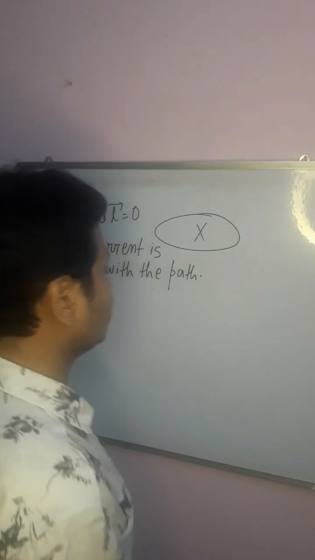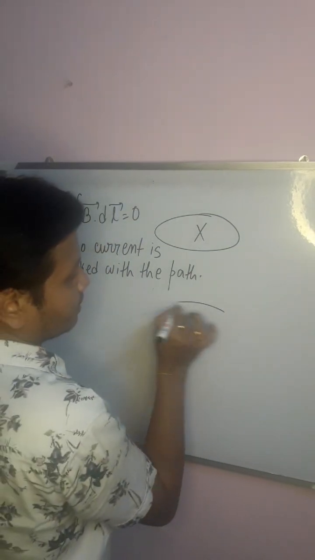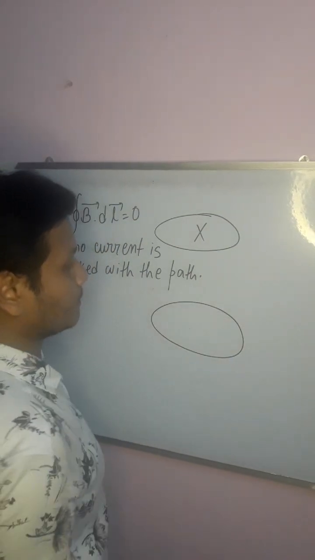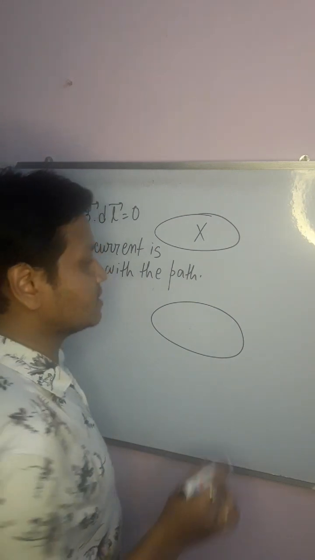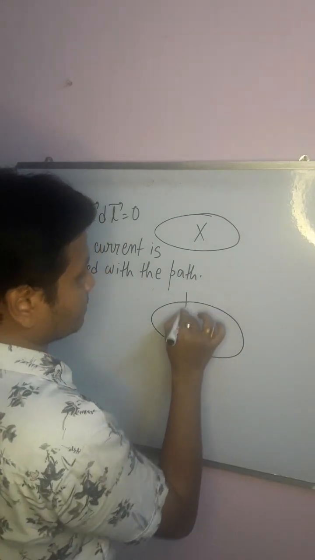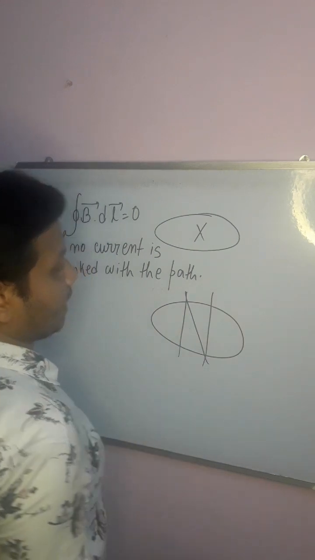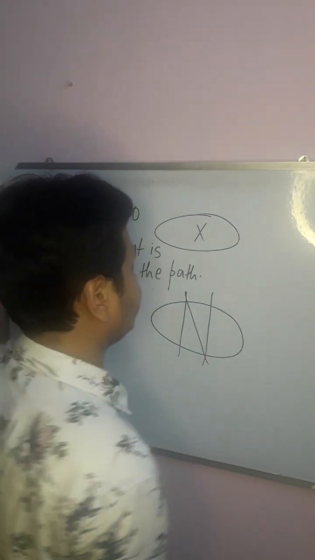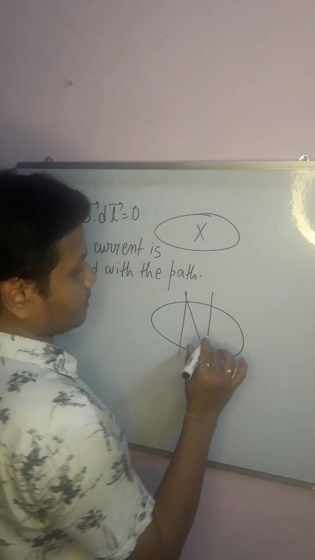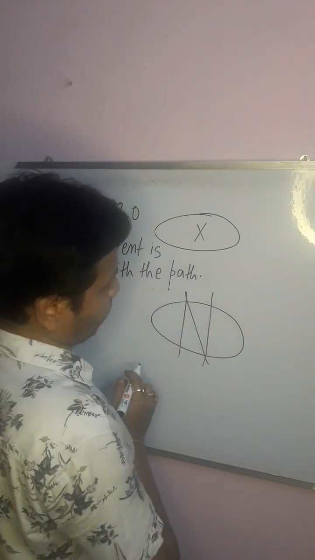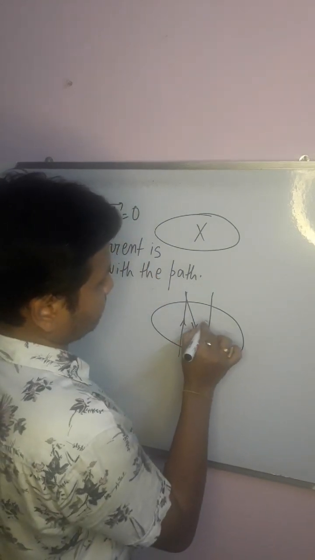Okay, first thing. Now another thing that would happen, that if the closed path contains a large number of branches, like say this, and each branch carries current in different directions. Say this current, and this current.